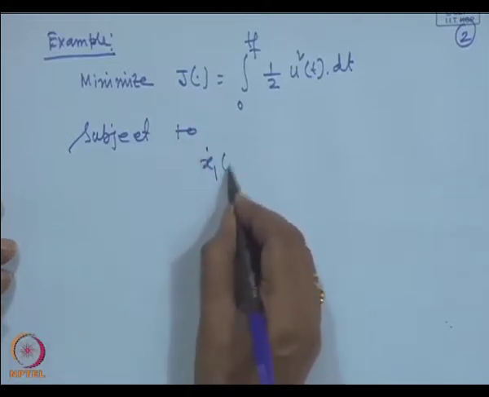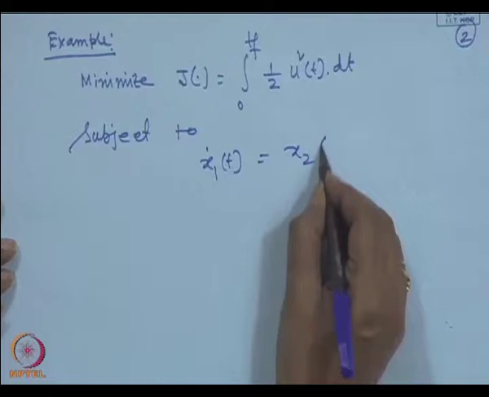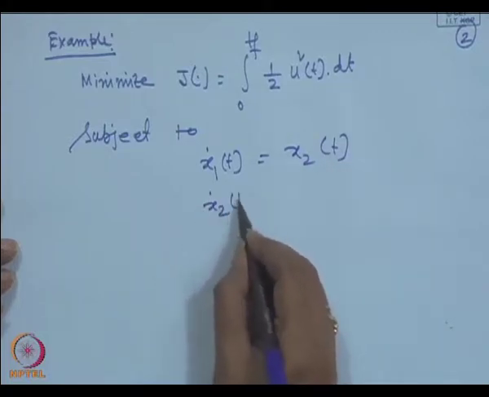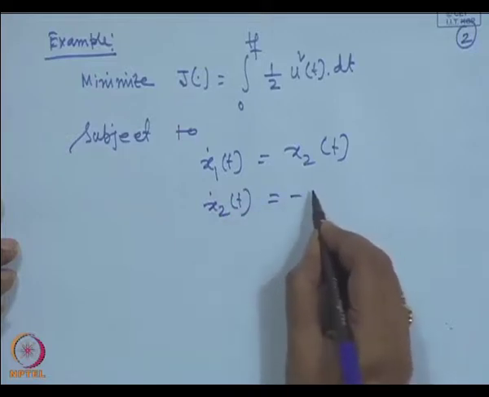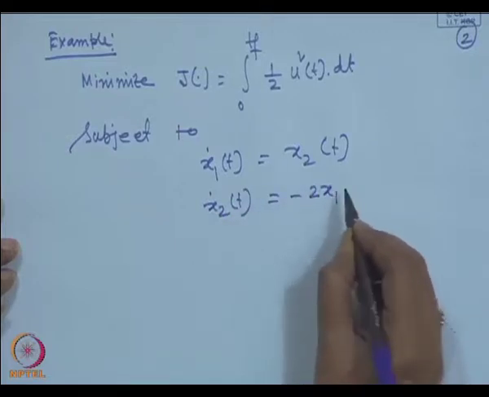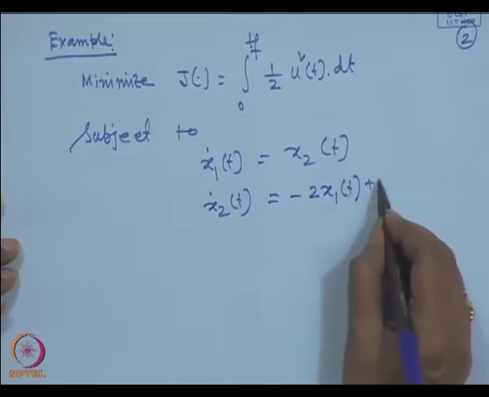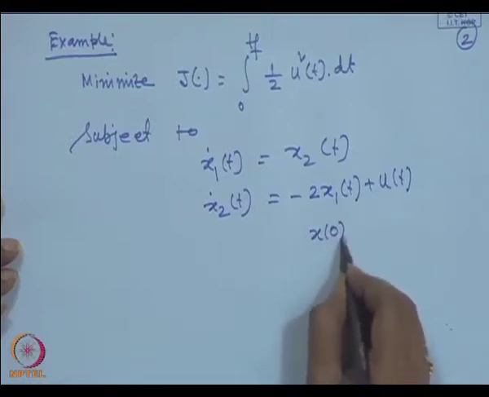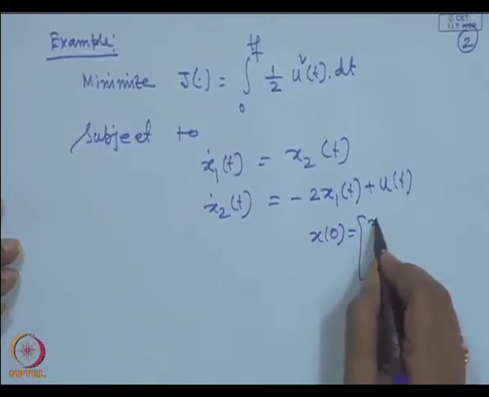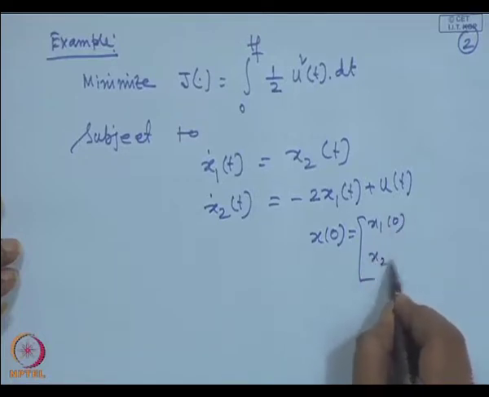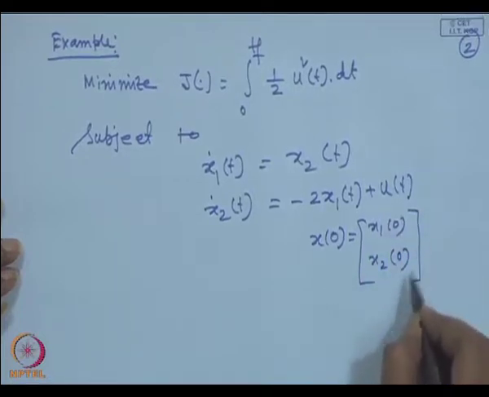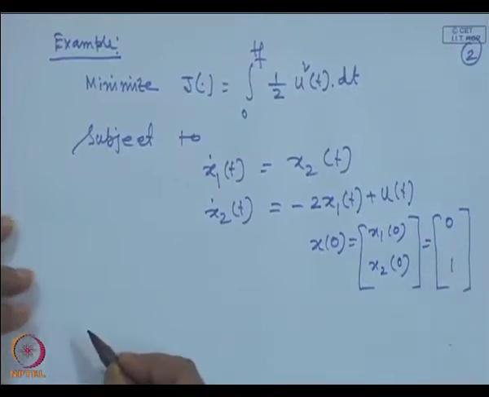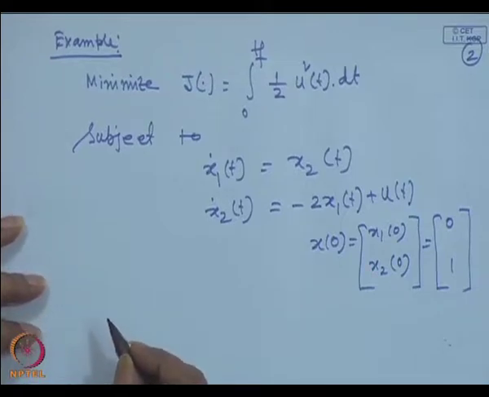Subject to x 1 dot is equal to x 2. This is the dynamic equation of the system, and x 2 dot is equal to minus 2 x 1 of t plus u of t, and our initial condition is given as x of 0, which is x 1 of 0 and x 2 of 0, given as 0 and 1. So, what is our problem?